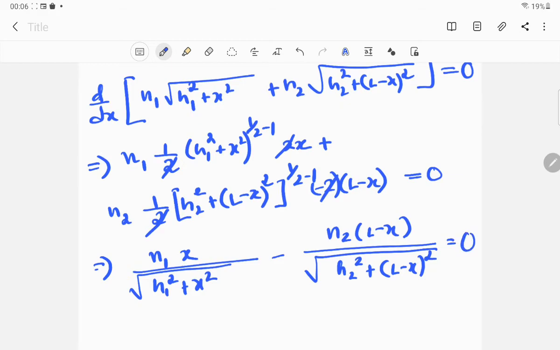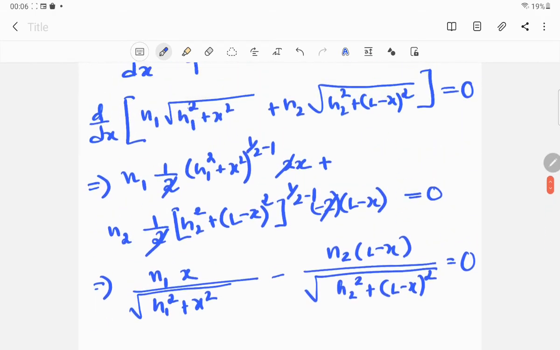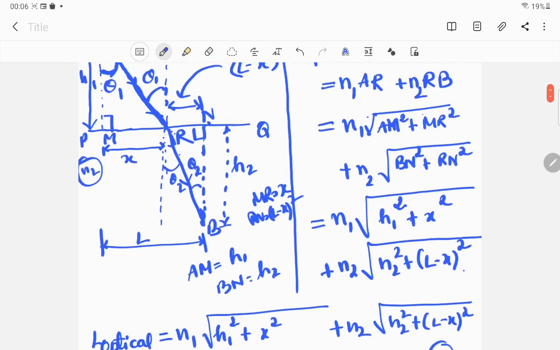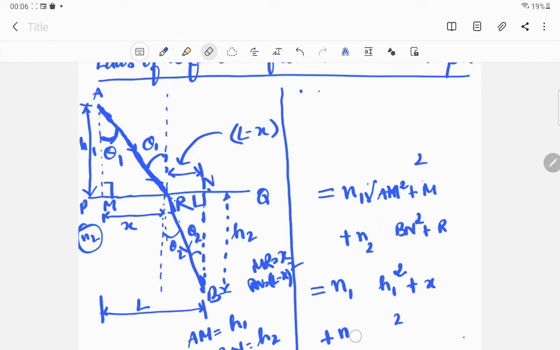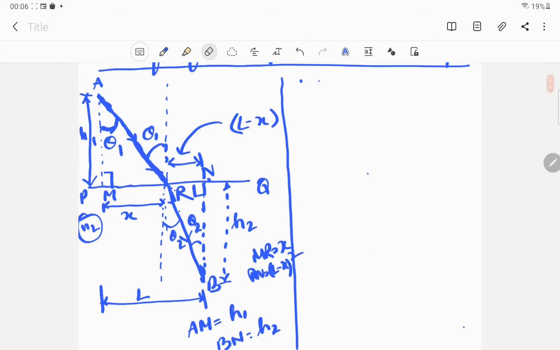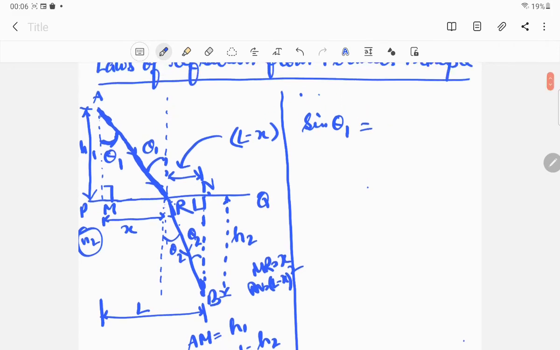Okay, now if you go back to the figure, in this figure I would like to remove these things because we have already done it. You might have taken note of this, and you also have the note along with you. So now let us consider sine theta 1 in the triangle AMR.